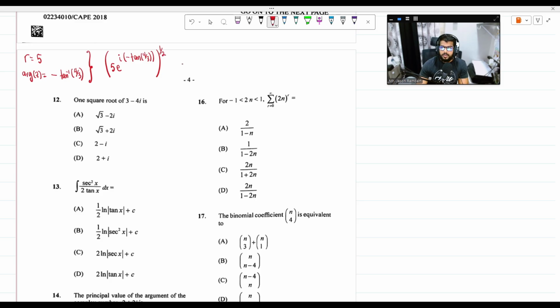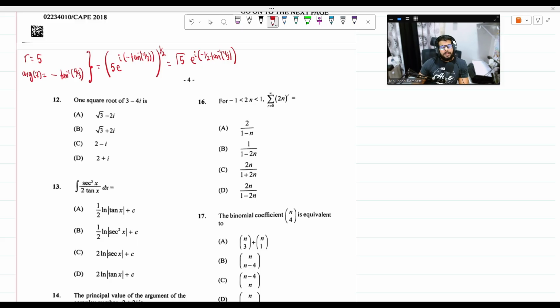This now will be root 5, and e to the i into minus a half tan inverse 4/3. Cool?